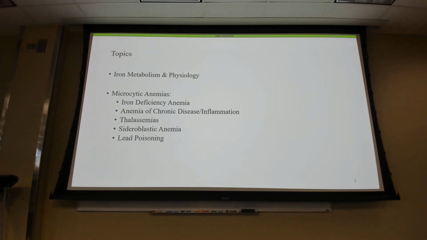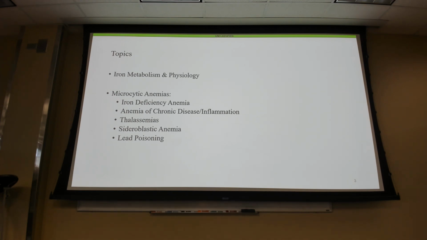All right. So, big part of anemia, and what would you say was the most common cause of anemia? Iron deficiency, right? So you have to have some understanding of iron metabolism as we talk through these. They're the key microcytic ones that we're going to cover in this class. Anemia of chronic disease and inflammation.